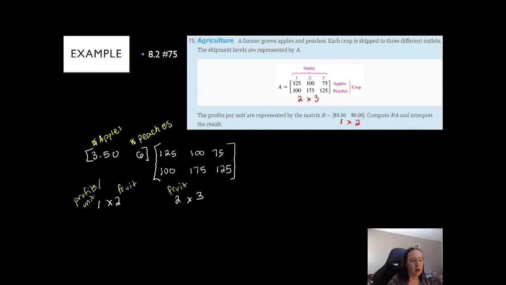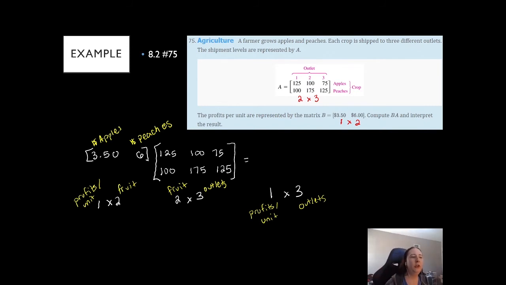And then the 3 columns we have are for the outlets. And so if you look at this and you look at what your units are, our resulting matrix is going to be 1 by 3. And the 1 is going to be profits per unit, and the 3 is going to be the outlets.